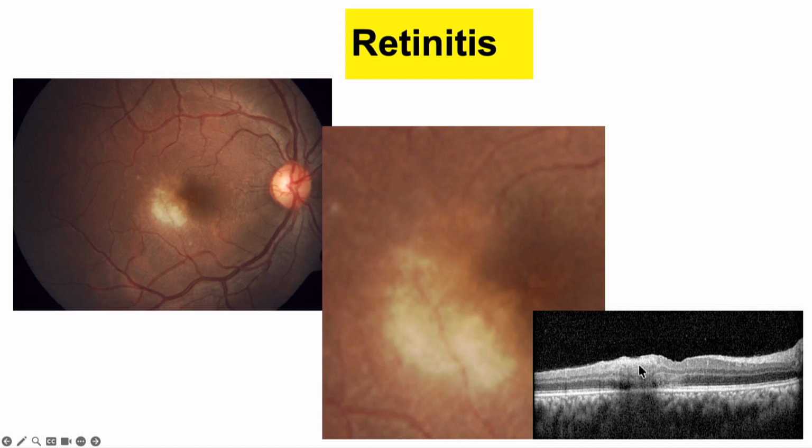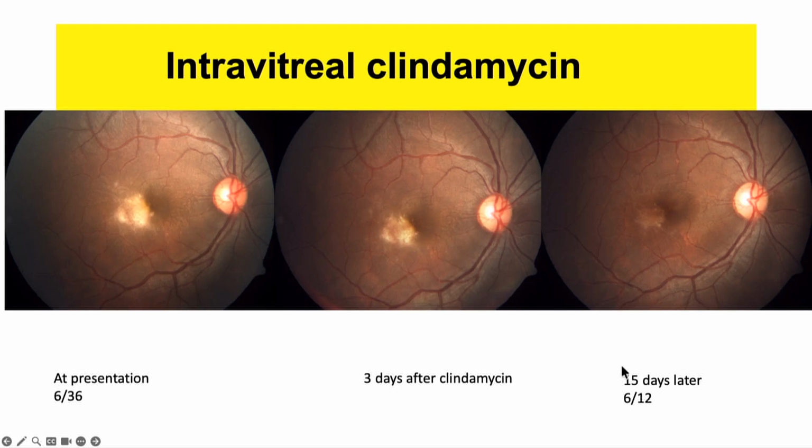And you see the OCT, there is a full thickness retinitis lesion, retina is involved, and the underlying choroid is not involved here, but it is not appearing properly because of the retinal involvement. This patient is diagnosed as toxoplasma retinitis, and we give an intravitreal clindamycin and see the response to the treatment.